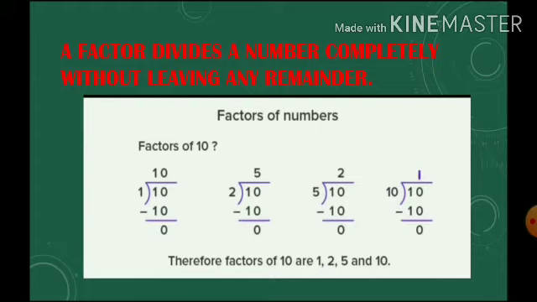Next one, 10 by 10, the quotient is 1 and remainder 0. So, the factors of 10 are 1, 2, 5 and 10. A factor divides a number completely without leaving any remainder.